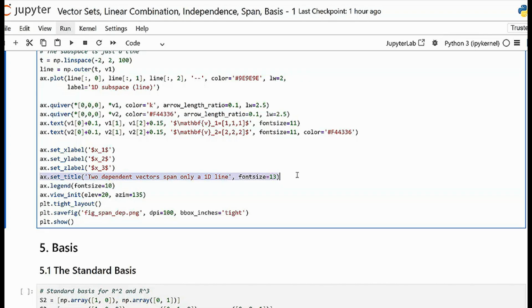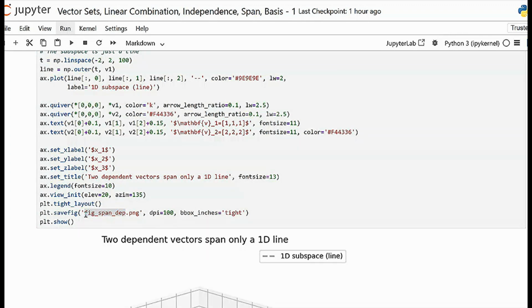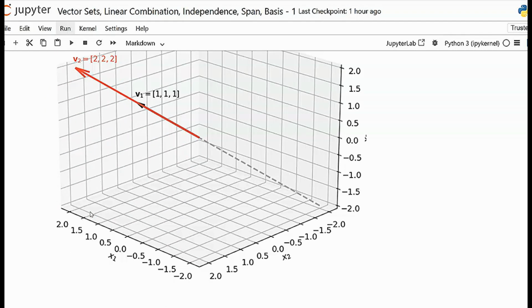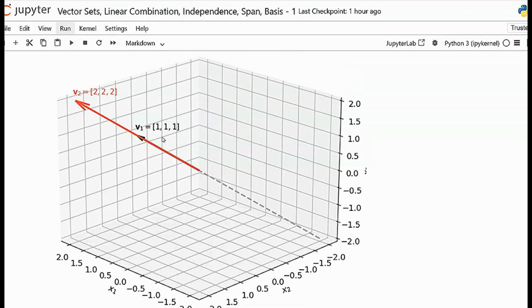Then the inclusion of a legend, and let me adjust the viewing angle. Let me run the rendering steps of tight layout, saving the figure, and display it by execution. So here we have this output. Dear friends, although we have two vectors v1 and v2, they are linearly dependent. Kindly see here, both are in the same direction.